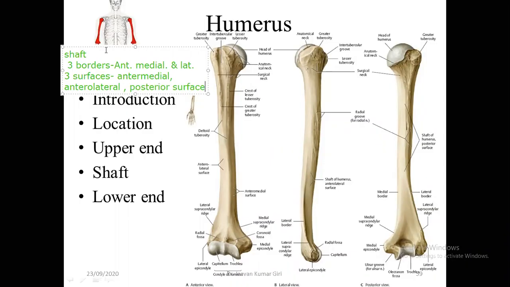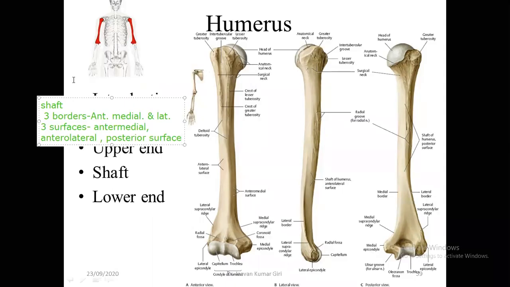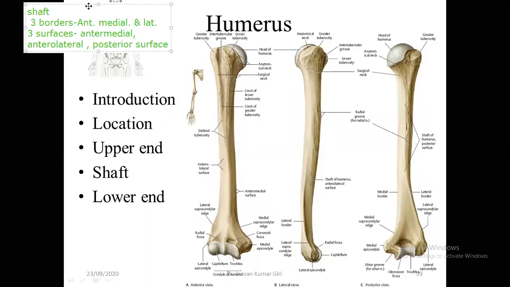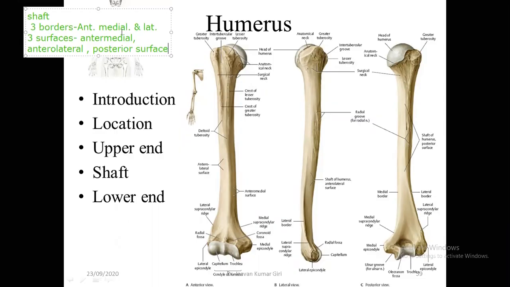Now we'll see this. So these are the surfaces. Now let us see the borders first, then the surfaces will be easy. I'll draw with the black color now. First I'll draw the border.